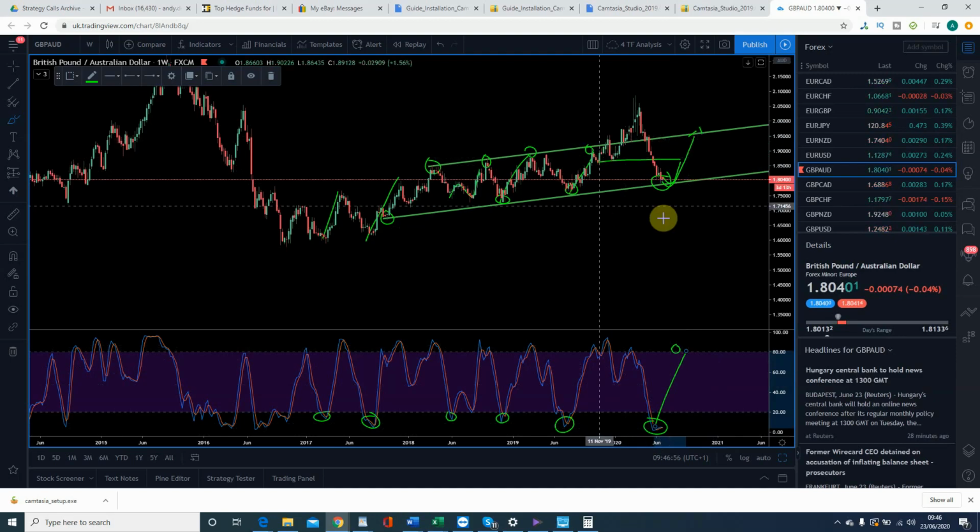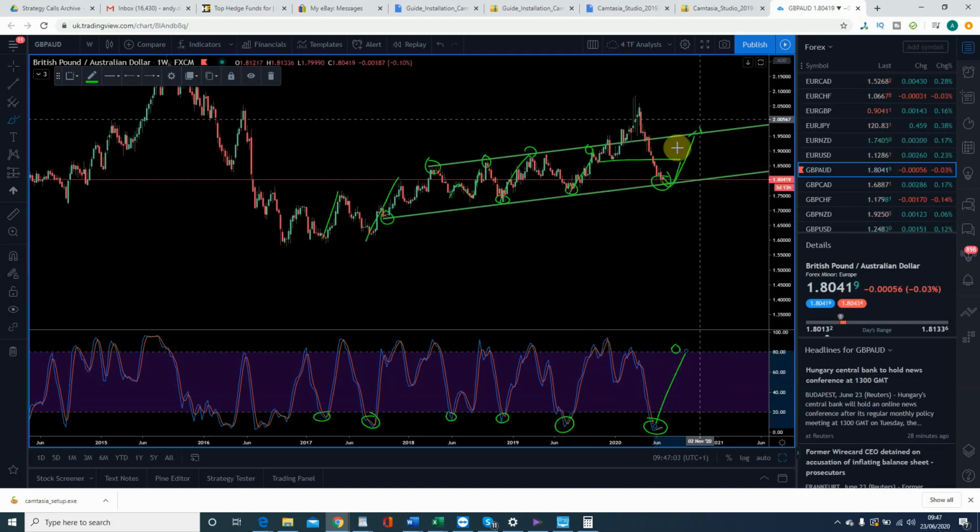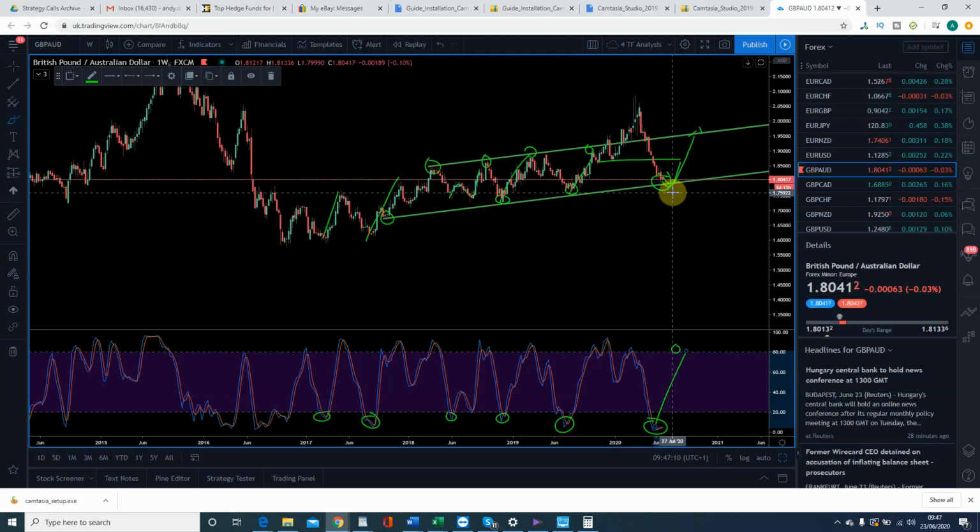And what you want to do with this filter is you don't really want to buy it off the weekly time frame, because one, you don't know when it's going to get going, and two, you could be sitting in this for quite a while, but also you're going to need a fairly big stop if you're trading off the weekly time frame to avoid being spiked out. So what you want to do is use this as a filter, and then once you go into the lower time frames, you can look for a setup and a signal for potential longs in this currency pair.